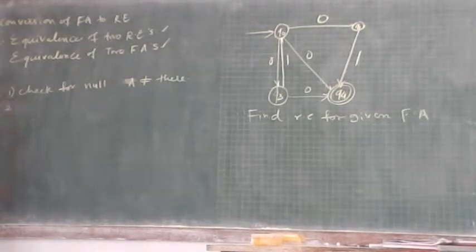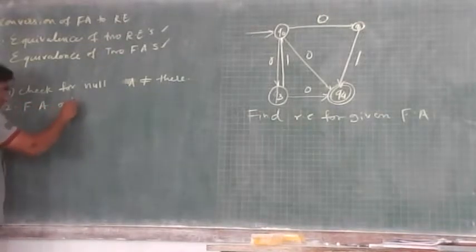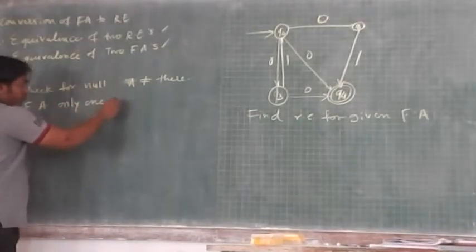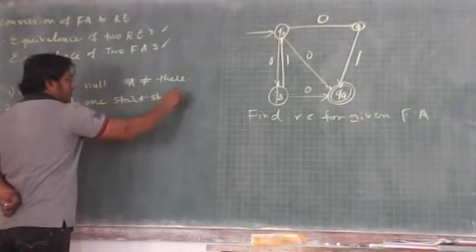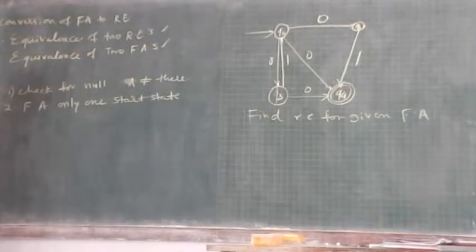Second, you should check that there is only one start state. The finite automata should have only one start state. On the other hand, you may have single or multiple final states.